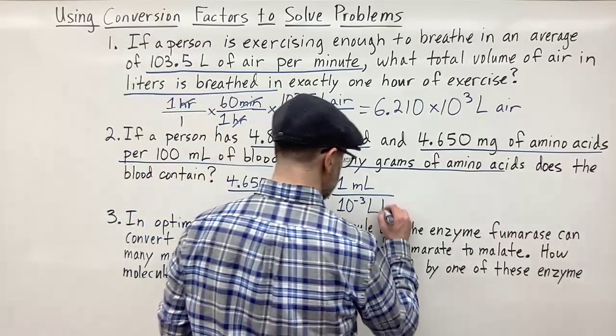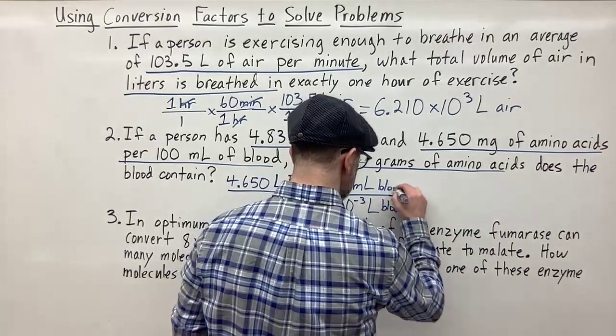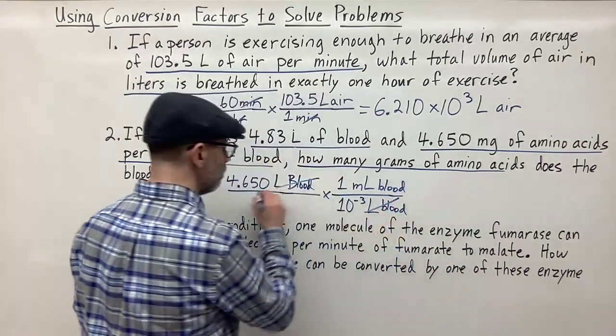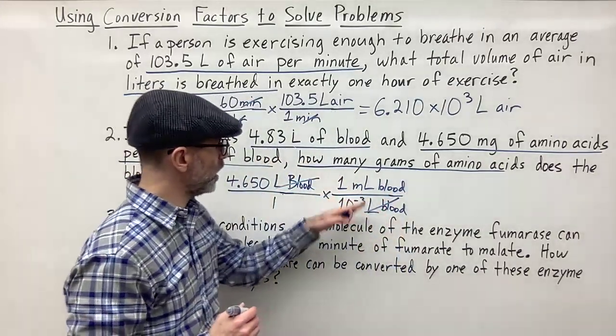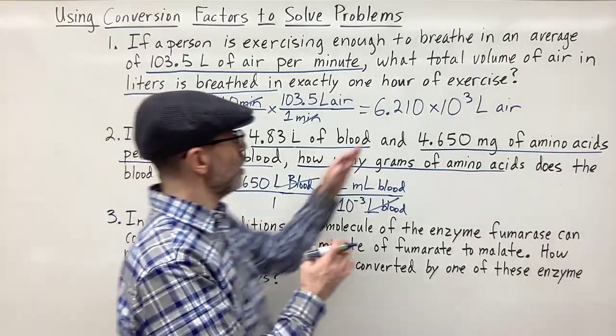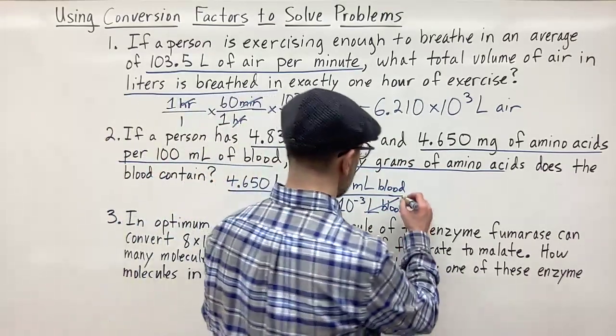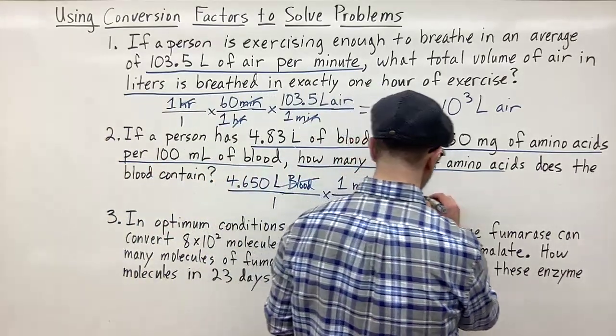Now, this is blood. We should identify what we're talking about. Blood. So liters of blood cancels out. Now we have milliliters of blood. Here now we have 100 milliliters of blood is going to give us 4.650 milligrams of amino acids. So let's set that up as a conversion factor.